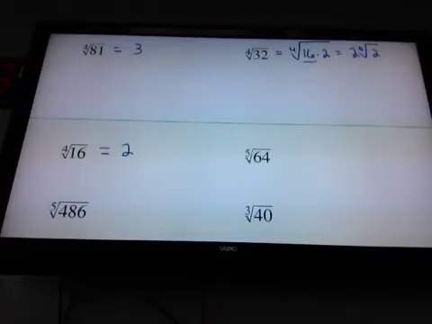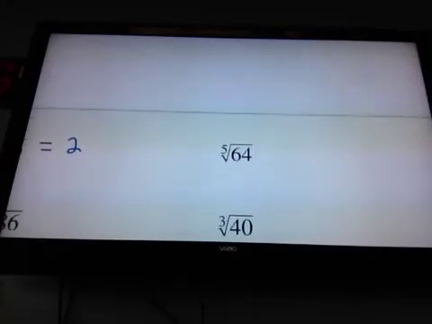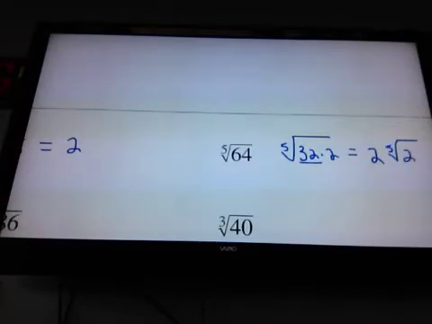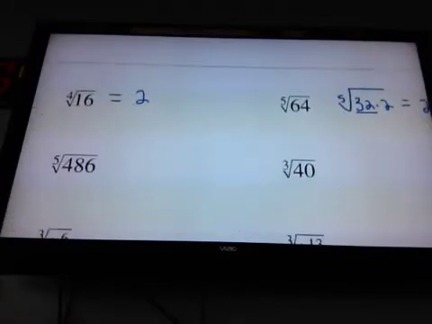Fifth root 64. Fifth root 64, not a perfect fifth root, but it has a factor, and that's 32. So 32 times 2. So the fifth root of 32 is 2, leaving me fifth root 2 under the radical. The fifth root of 486.